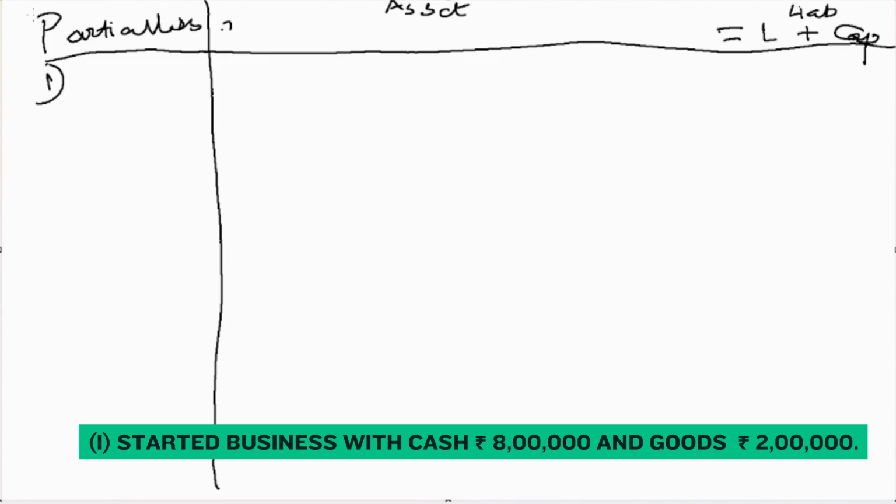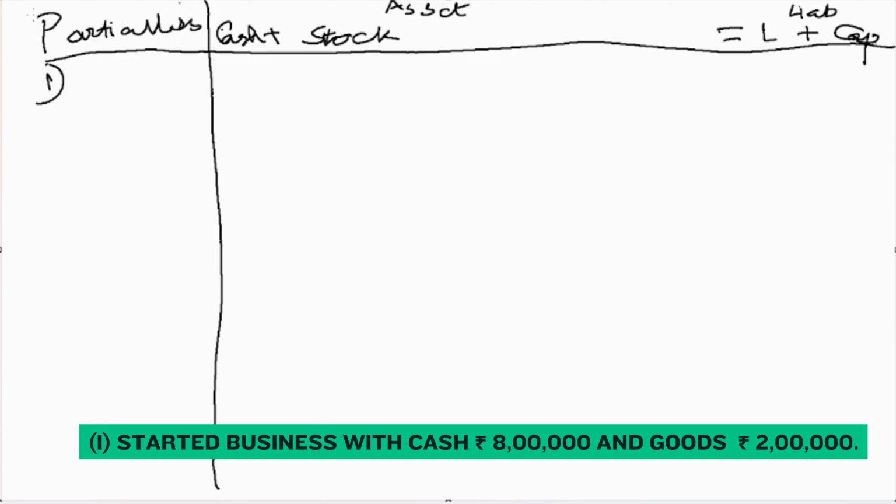So here we are having cash as an asset, and we are having stock as an asset, right? Because the business has started with goods, cash and goods. So cash and stock is there over here, and we have capital over here.